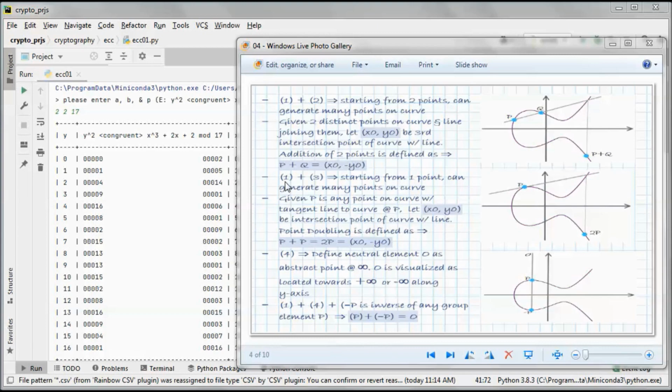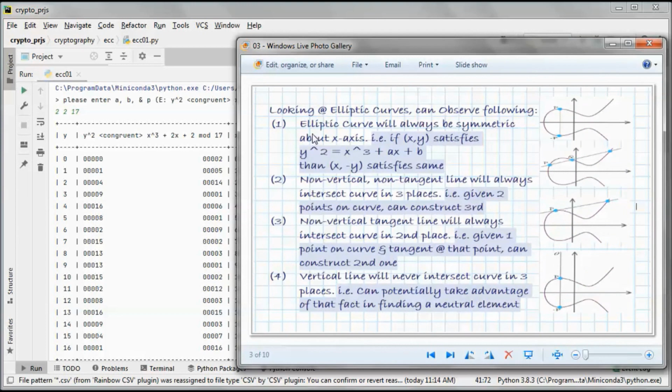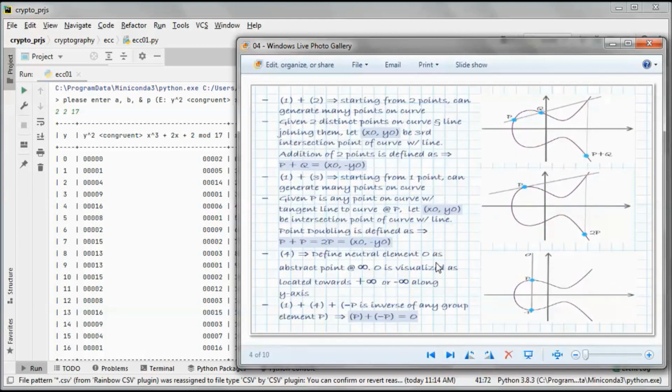And we also take advantage of our first and our third observation: the symmetry about the x-axis and the non-vertical tangent line always intersecting the curve in a second place. So this means that starting from 1 point on the curve, we can generate many points on that curve.